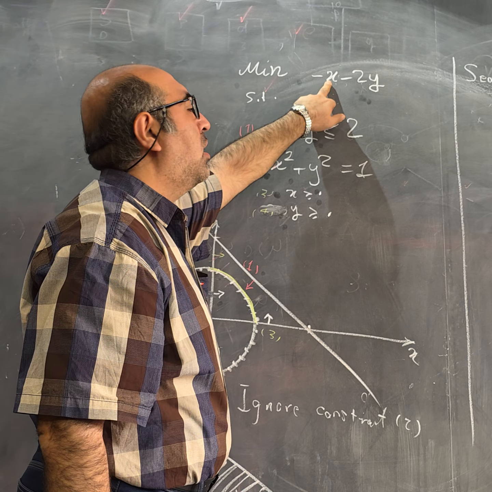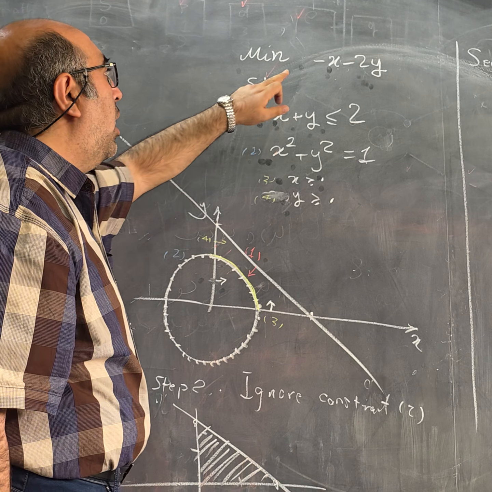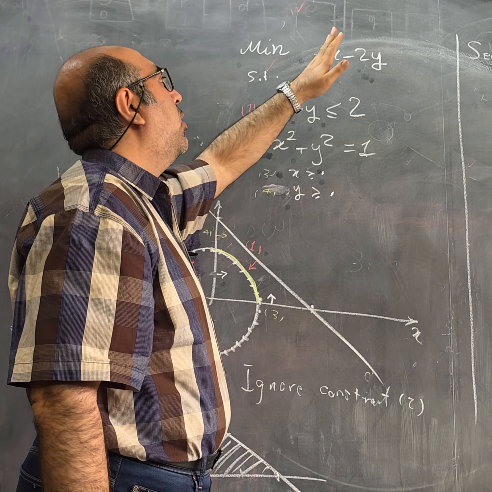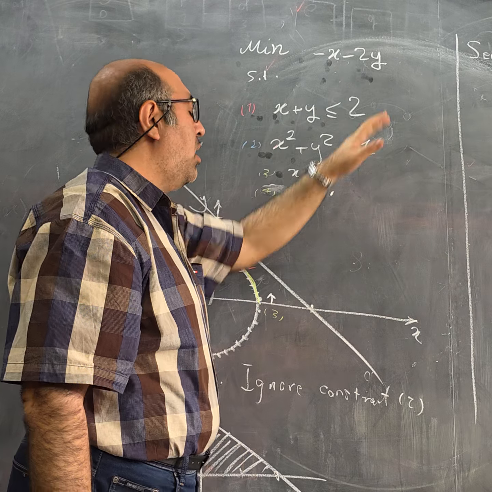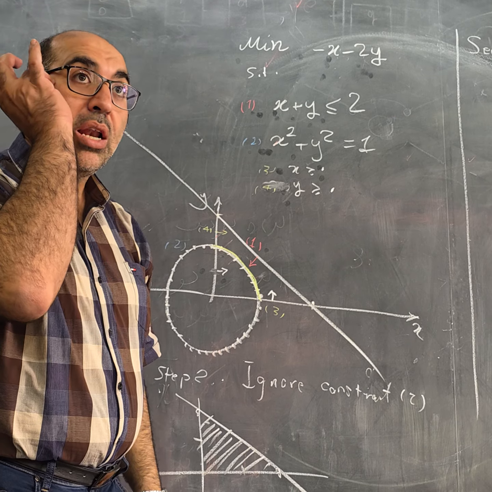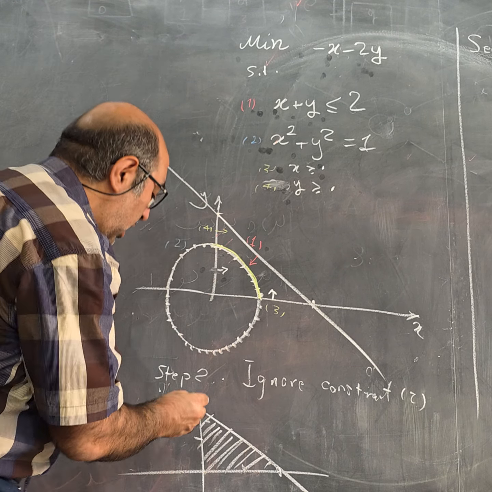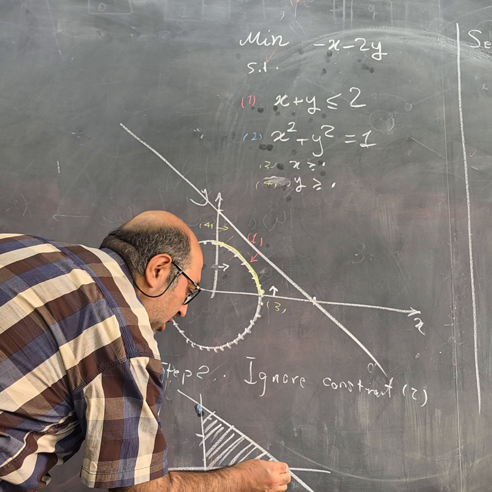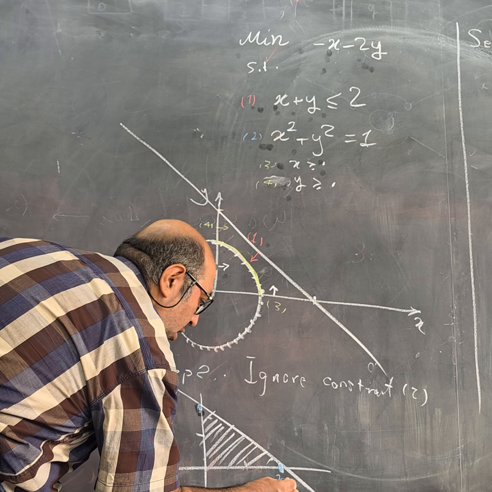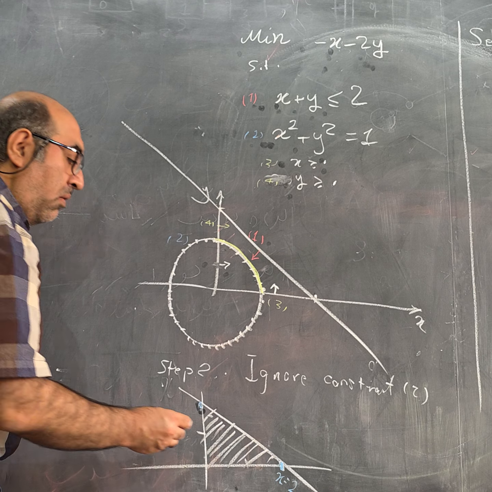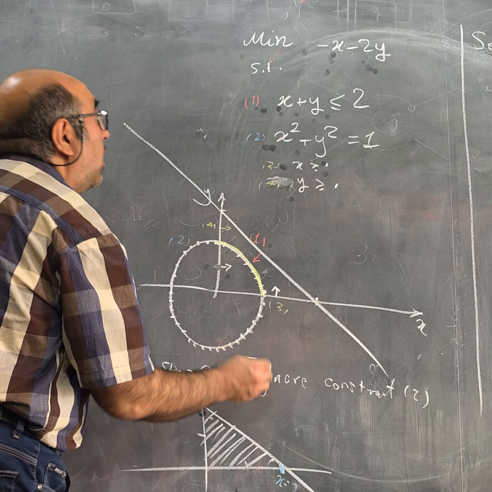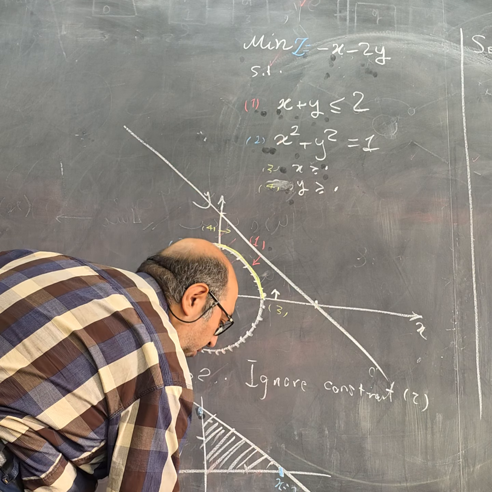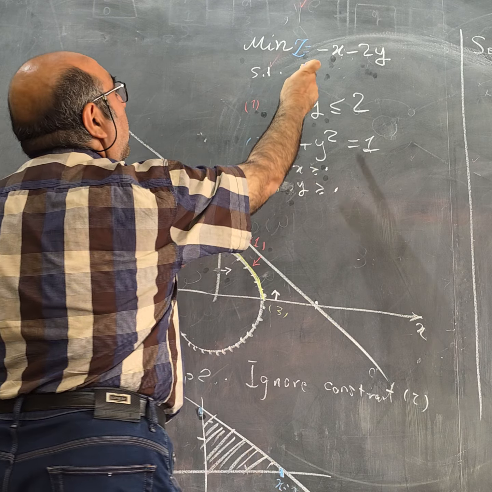If I set non-zero x and 0 y with the greedy algorithm, I can reach this point, x equal to 2. With respect to this solution, the objective function is minus 2.